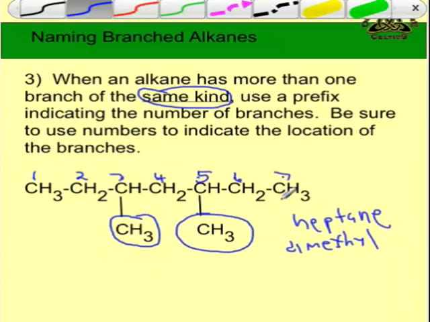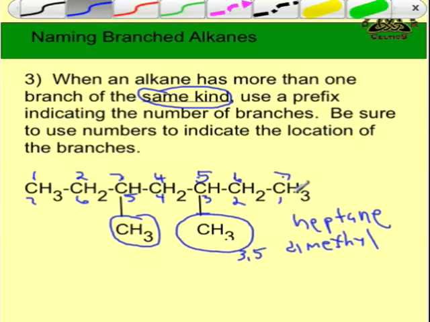If we number the other way, it's 1, 2, 3, 4, 5, 6, 7. So if we indicate the position of these methyl groups from left to right, we notice that it's on carbons 3 and 5.